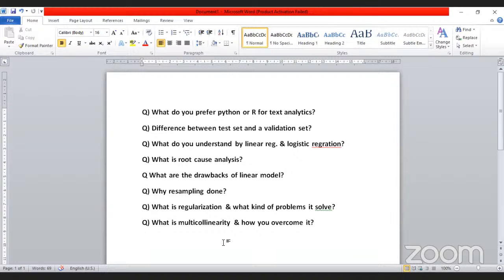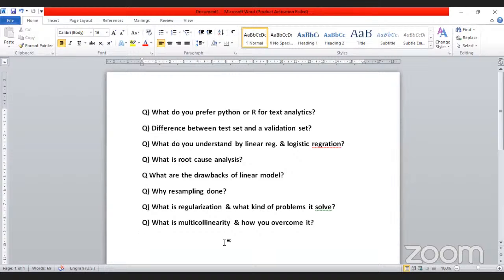We check the VIF value for each variable, and those variables with a VIF greater than 5 we remove. So firstly we check the p-value from the summary, and then the VIF value.